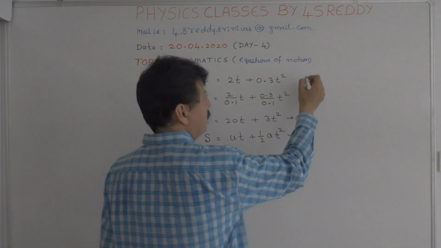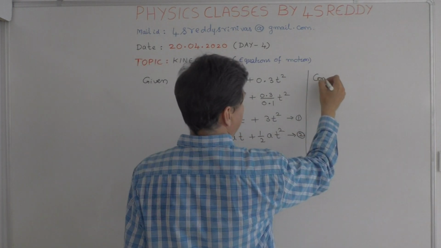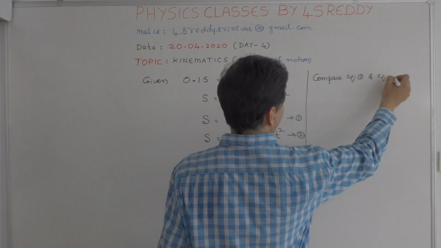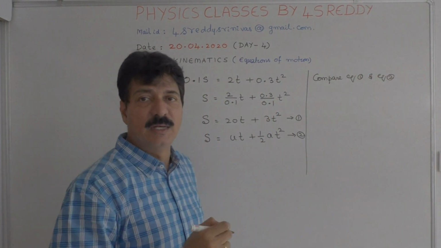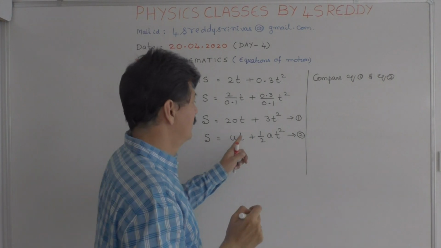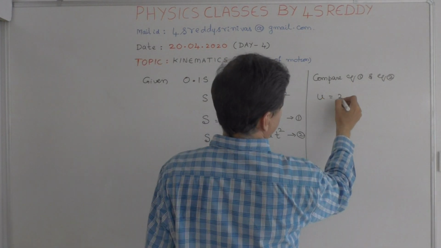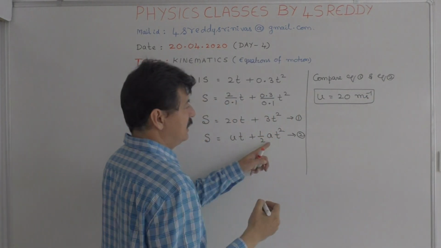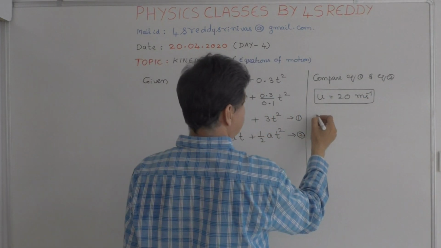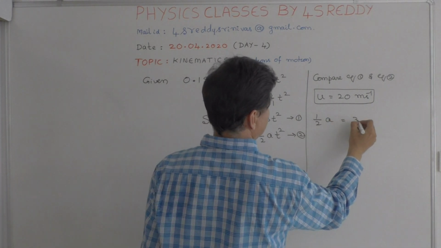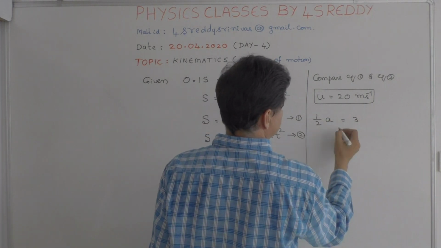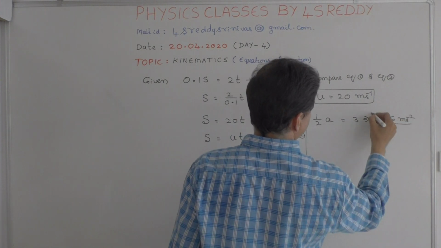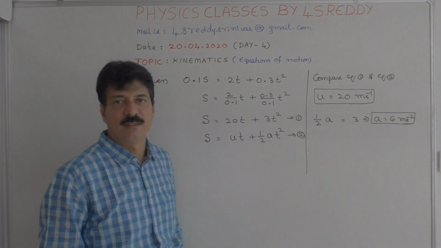Therefore, now compare equation 1 and equation 2. Then what you are going to get here? u is equal to 20 meters per second. That is initial velocity. And here half a is equal to 3, which implies a is equal to 6 meters per second square.